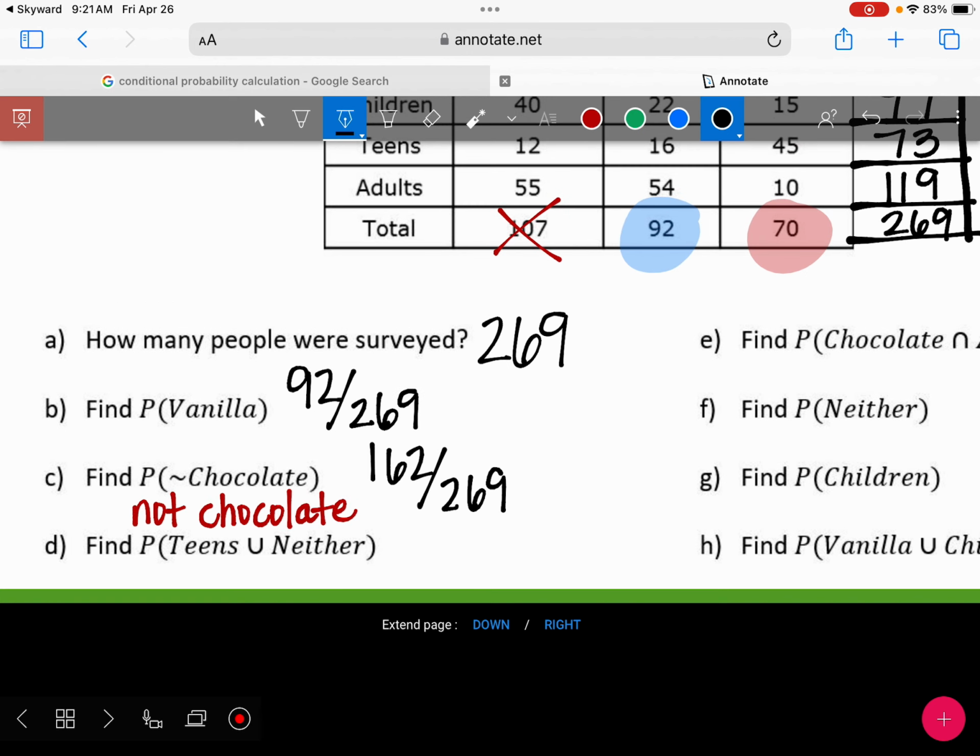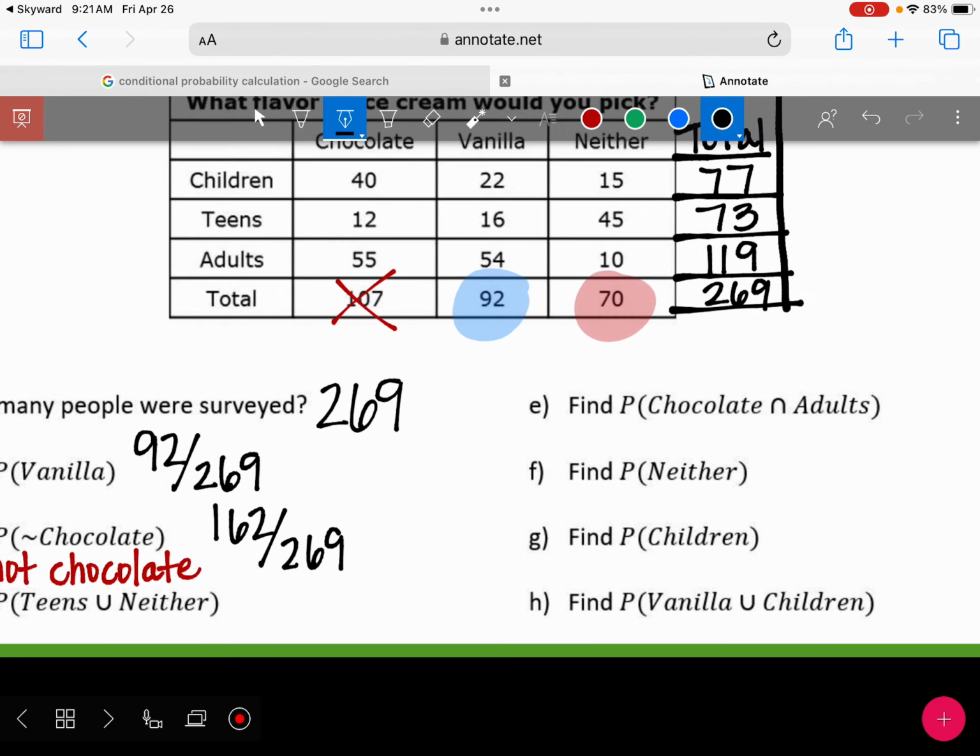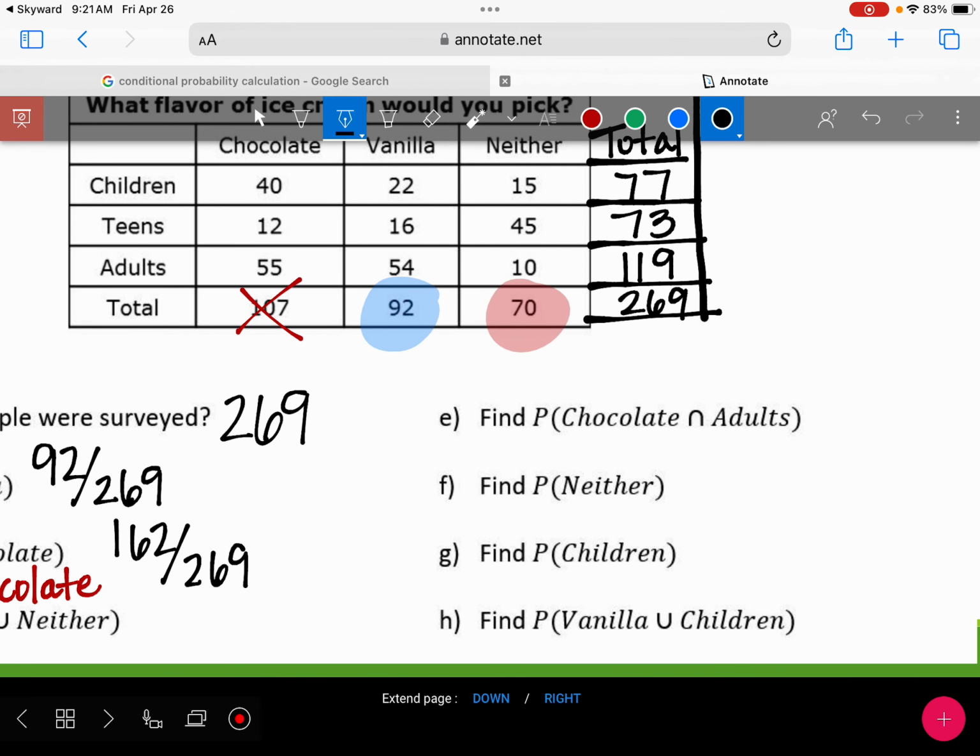All right, I'm going to skip D because that one has a lot of work to it. We're going to do those last. Now let's go to E. Question E says, this means overlap.